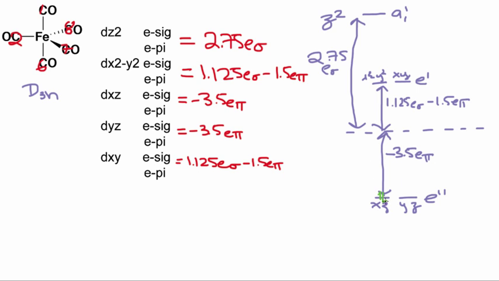And so if we fill these in, what we will get is a completely filled E double prime and E prime set of orbitals with the A1 prime as the LUMO in our species. And so if we were to do any magnetic measurements on this, we would expect to get a mu effective equal to 0 or very close to 0, since we should not have any unpaired electrons.